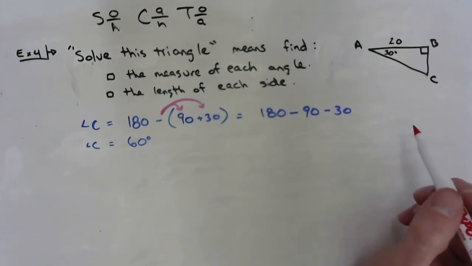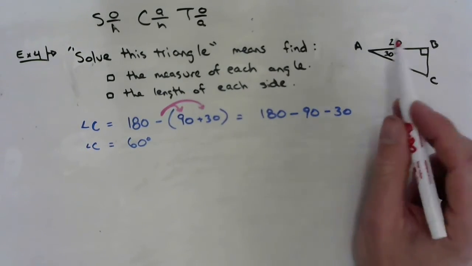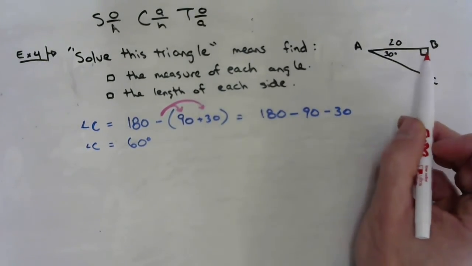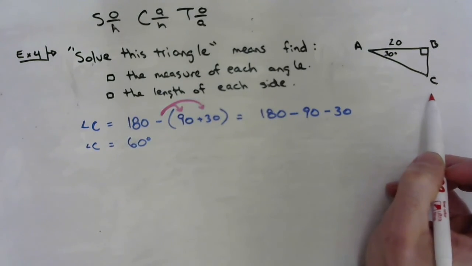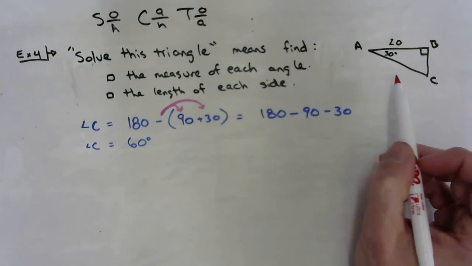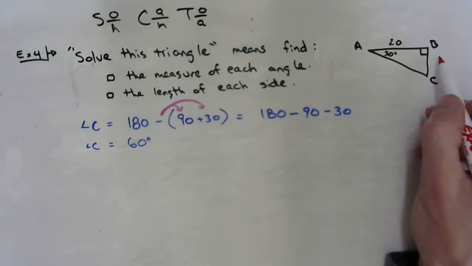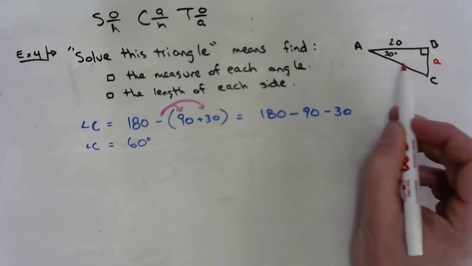Now here's something you need to know as well, and maybe I should have drawn my triangle a little bigger to describe this. Angles, vertices, are named using capital letters. Side lengths are named using lowercase letters, and the lowercase letter is the same letter as the opposite angle.